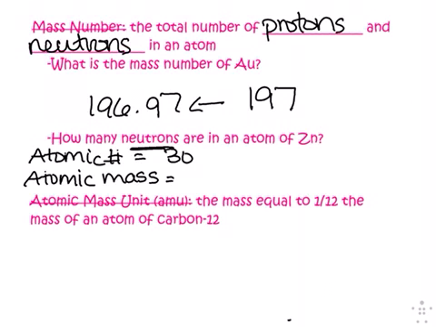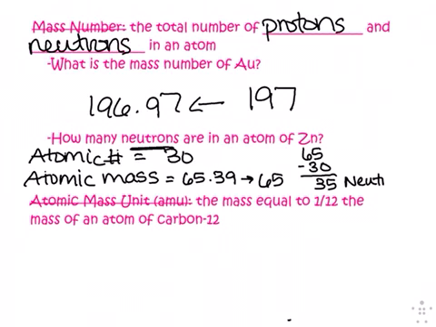And the atomic mass for zinc? 65.39, you said? Okay. What does that 65 round to? 65, duh, I just said it. So then it's just a simple subtraction. You take your 65 minus the number of protons, which is 30, and we are left with 35 neutrons.